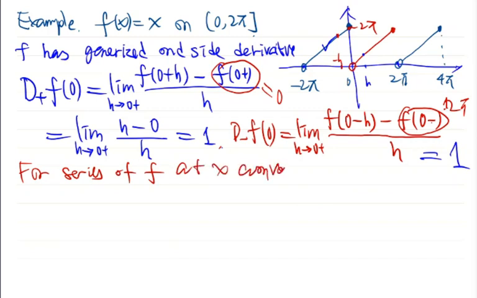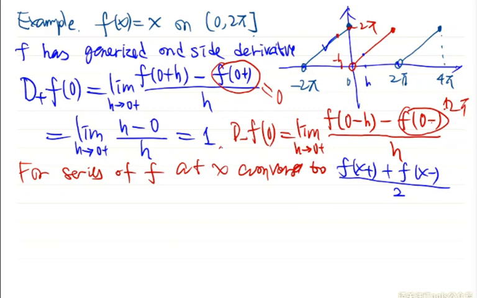Converge to not f(x) anymore. Converge to the mean value of the one side limit of f at x. Okay. Converge to the mean value of the one side limit at x.